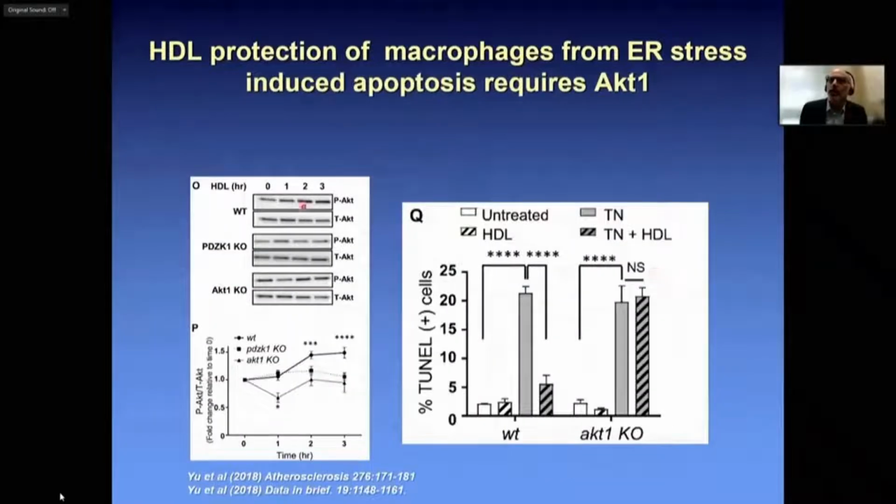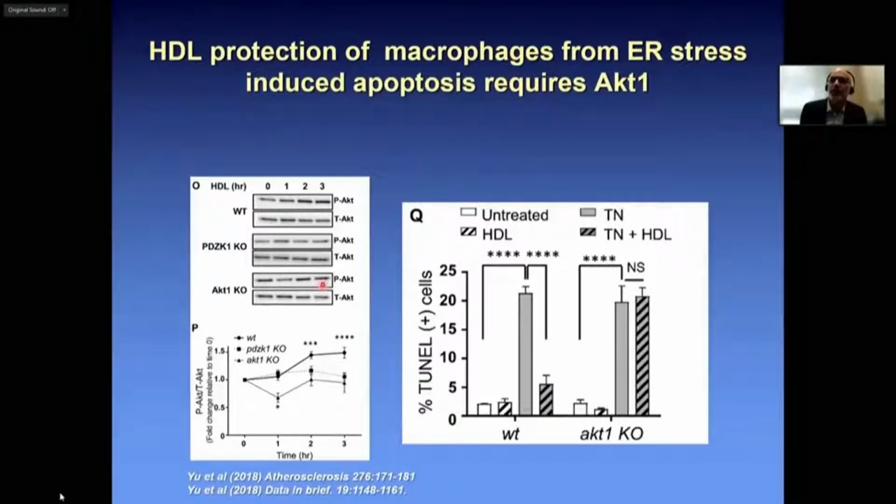So Pei Yu went on to look at the level of AKT phosphorylation in wild-type macrophages treated with HDL, and saw that, as others had reported in endothelial cells, incubation with HDL increased phosphorylation of AKT. And this increase in phosphorylation was lost when either PDZK1 was knocked out, or when AKT1, one of the three isoforms of AKT that's expressed in macrophages, was knocked out.